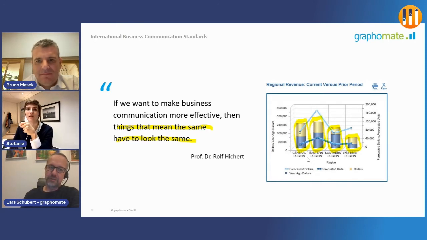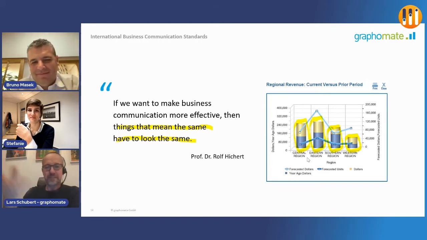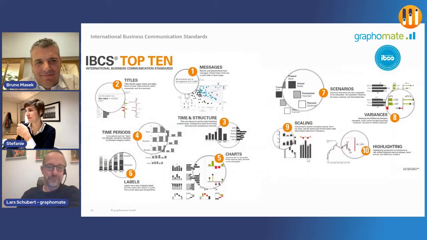Usually I say this is probably the worst chart I've ever seen in my life, and it's incredible. You can talk about this chart for 20 minutes and say, how could anybody come to the idea to visualize data like this? It's really incredible, but we don't have the time.